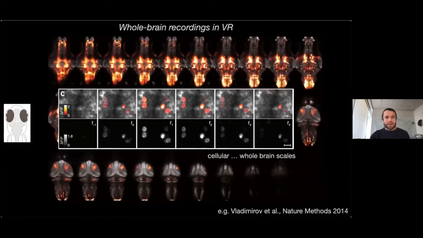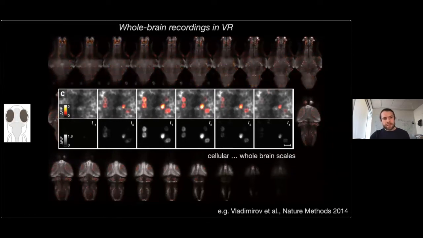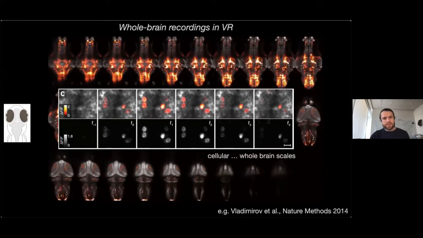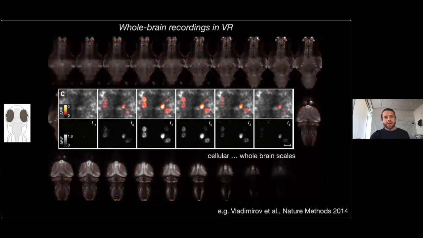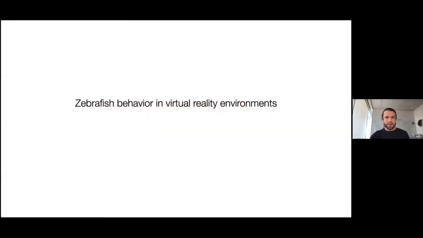And this was when I moved to Janelia in 2012, Philip Keller and I developed this technique, in collaboration with others, and then improved it later, and that produced some of these first whole brain recordings in a vertebrate. So my lab's interest is in the relationship between behavior and neural activity.